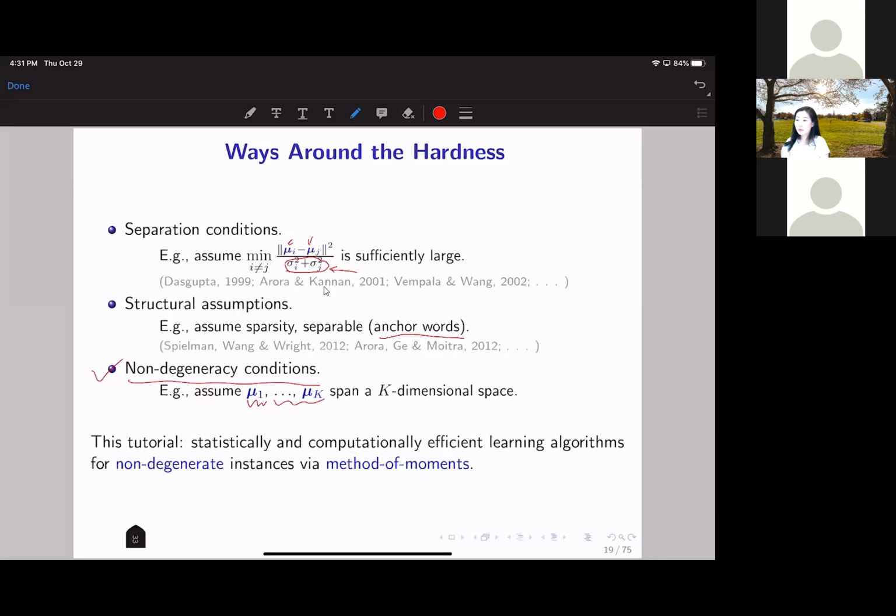Can someone recall what linear dependence is? I hope we still remember what linear independence is. Linear independence just means that there doesn't exist a mu_i such that mu_i can be written as a summation of the others. You cannot write mu_i as a linear combination of the other vectors.